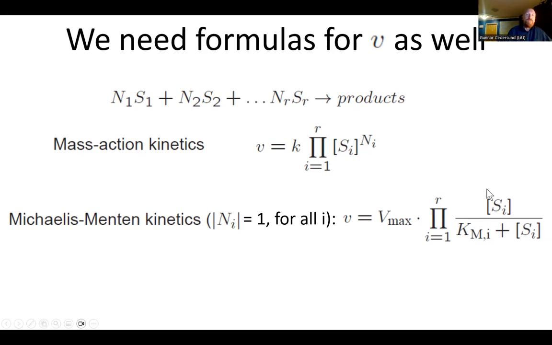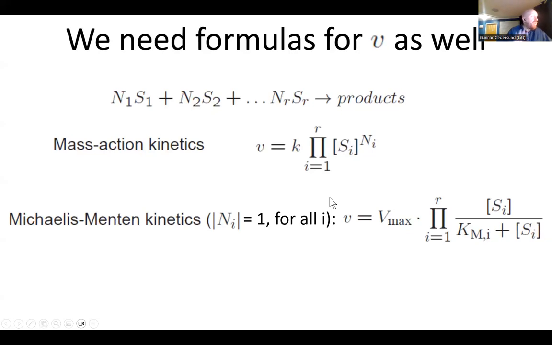So it's the concentration divided by the concentration plus a constant. And we'll soon understand what this property is. And there is here again a leading constant here and a leading constant here.